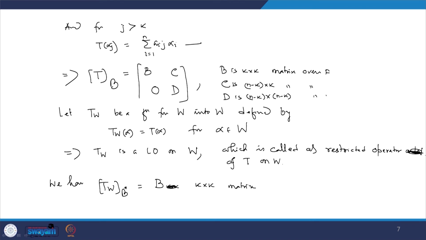So, one can write down the matrix representation of T with respect to ordered basis B as the matrix representation of T w with respect to B star, and C matrix, some other matrix D and 0. So, it is like this. The structure of the matrix representation of this operator, suppose you denote it capital A, then capital A is like this.